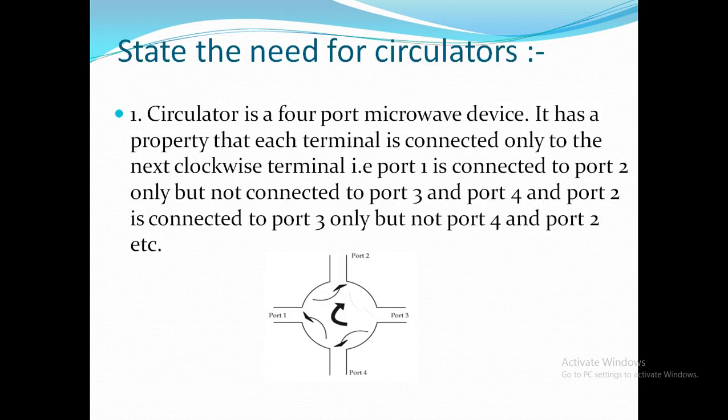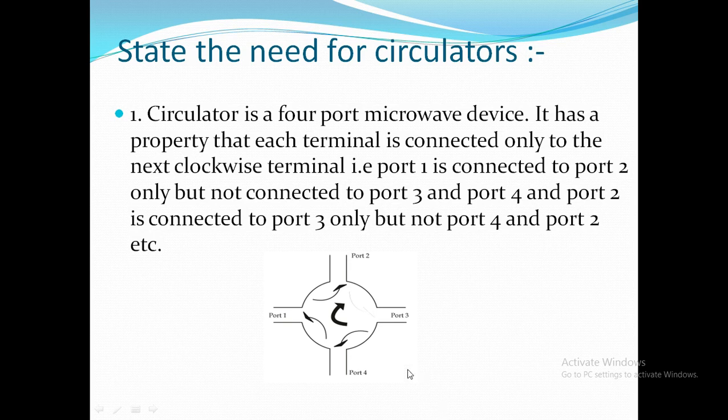So in radars also we use the circulator. Consider a 4-port circulator connected to a radar system. Here port 3 is connected to the transmitter, whereas port 1 is connected to the receiver. A common antenna for transmitter and receiver is connected to port 2.